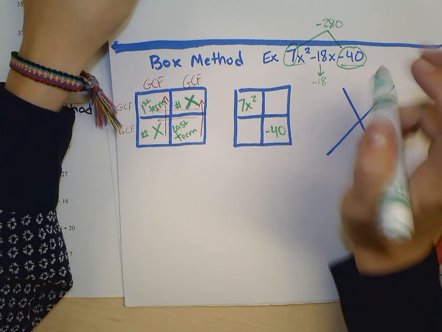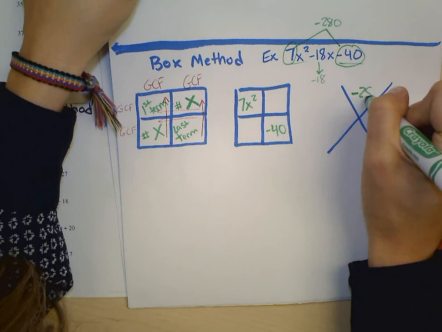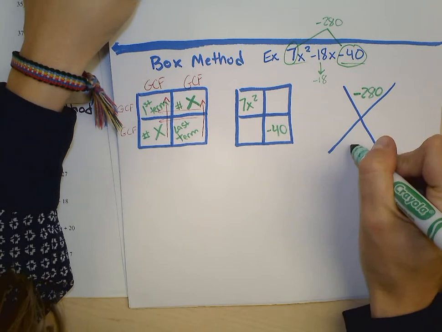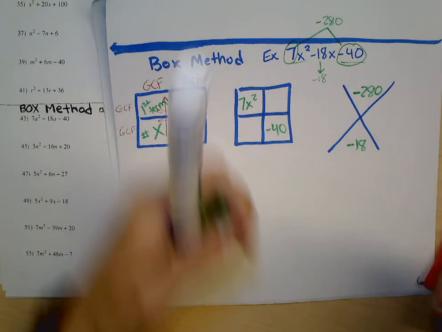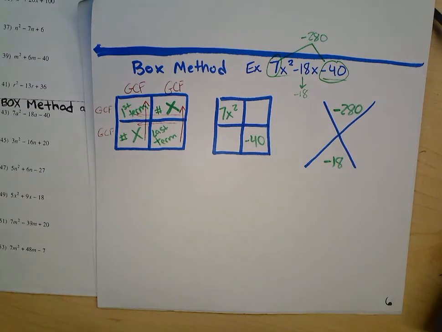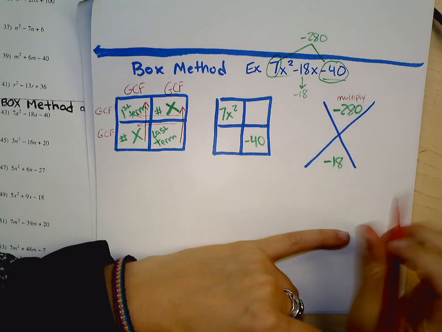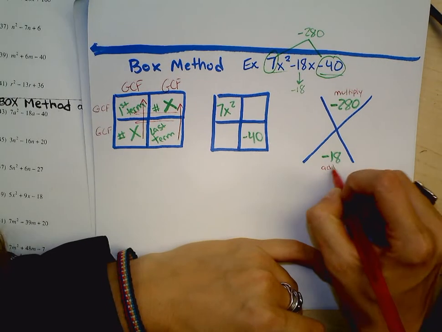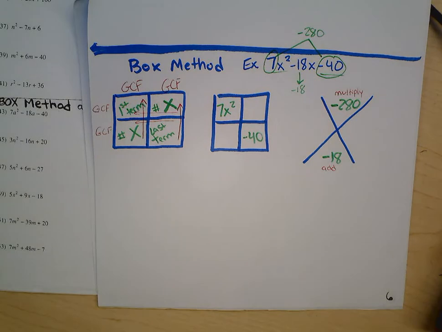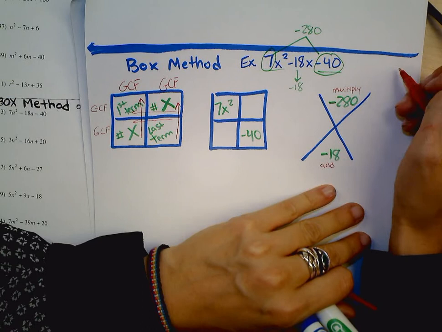So this is the top of my X, and this is the bottom of my X. So I'm trying to figure out two numbers that multiply to negative 280 and add to negative 18. Well, I'm going to first think of all the numbers that multiply to negative 280, so I'm just going to list factors here.